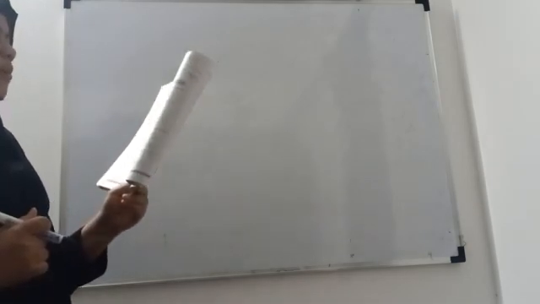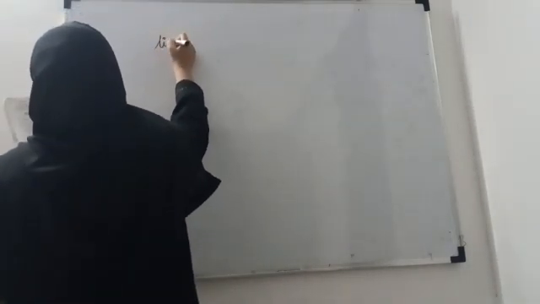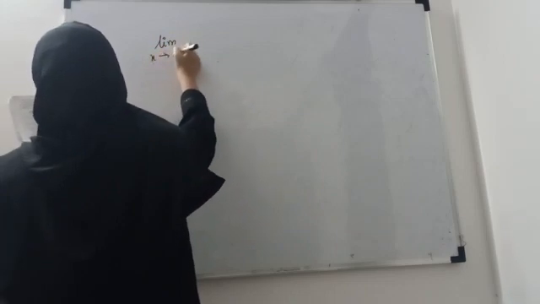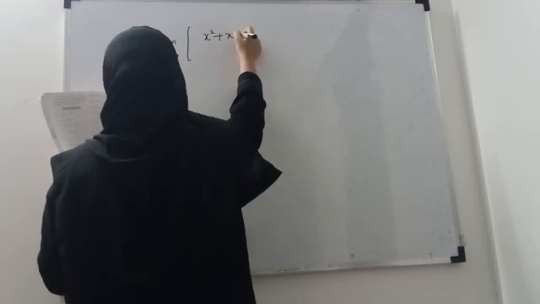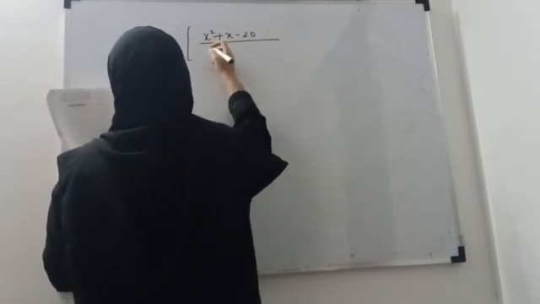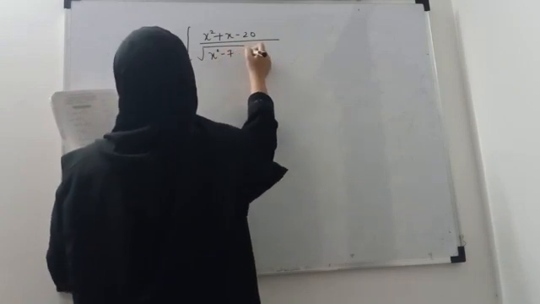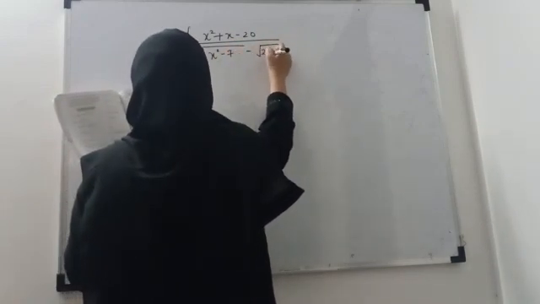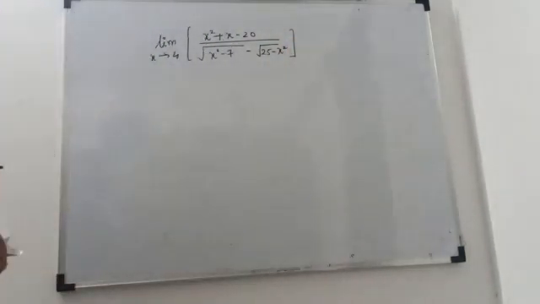So problem number 2, or we'll solve problem number 3. Problem number 2 is for your homework. Problem number 3 is: evaluate limit x tends to 4 of x square plus x minus 20 divided by the root expression.